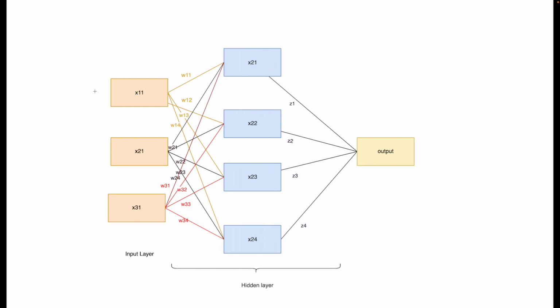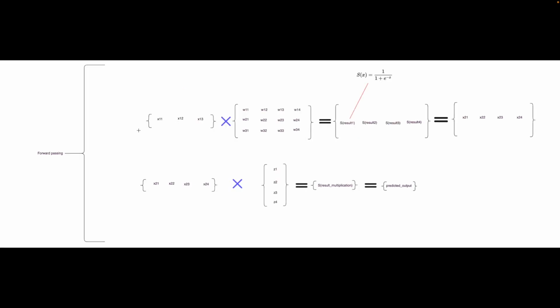For example, we have the input layer and the weights. These should be written as matrices, and they will look like this: x11, x12, x13. The input array will be transformed into a matrix of 1 line and 3 columns, and will be multiplied by the matrix of weights between the input layer and the hidden layer.